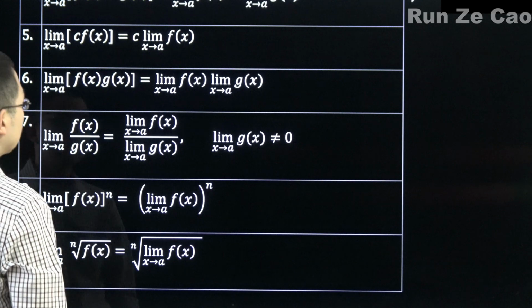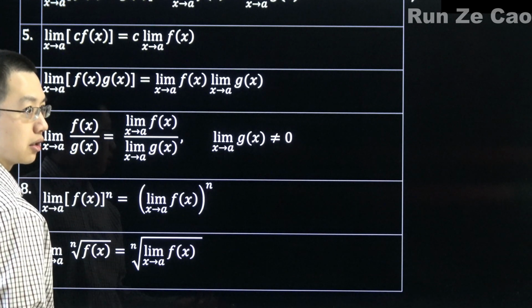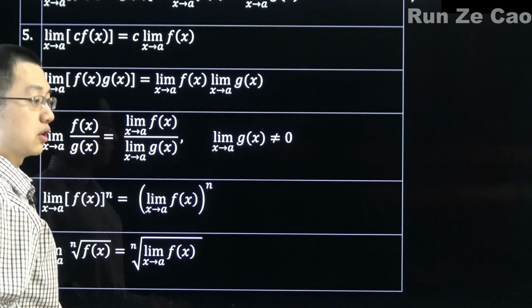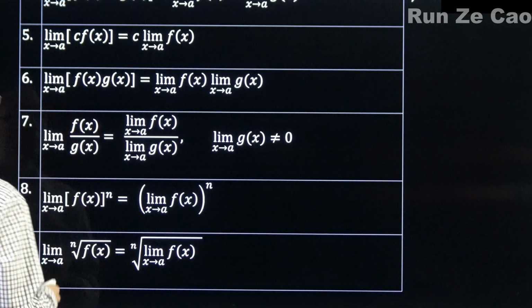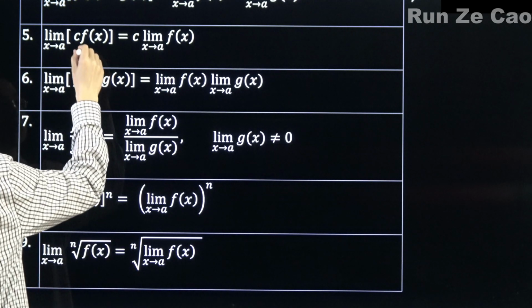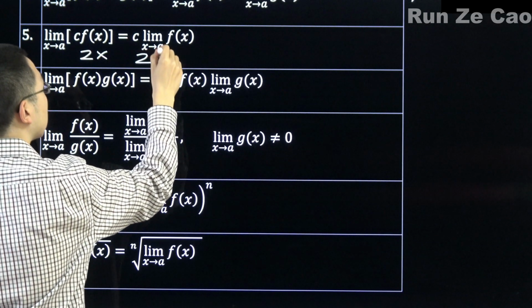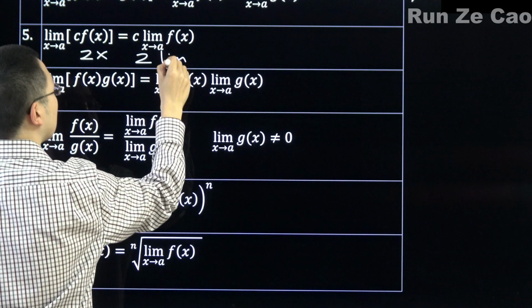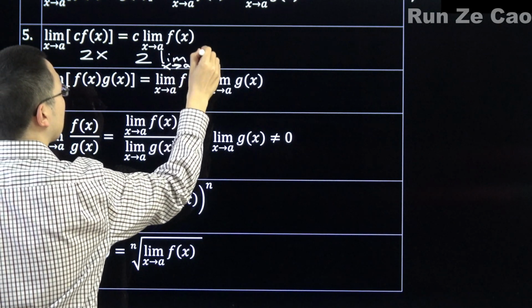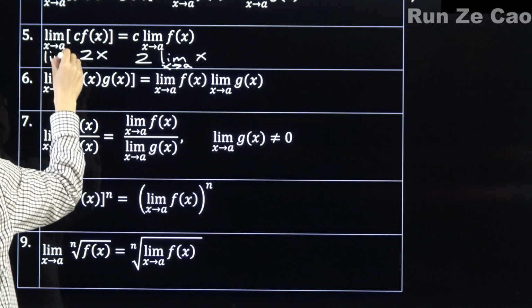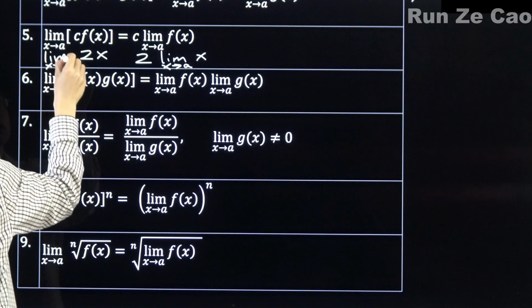Like say, the limit as x approaches a of 2x. Oh, that's just 2 times the limit as x approaches a of x. Well, okay, let's just write this all out.